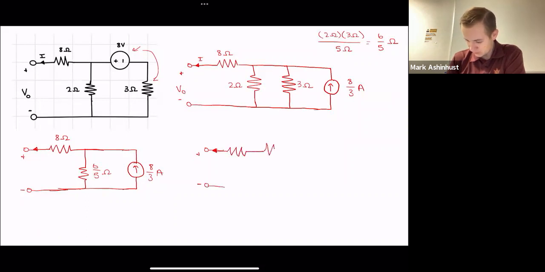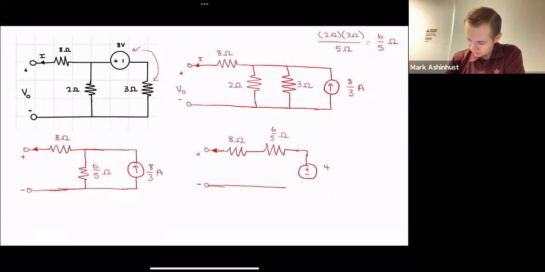I'm going to put the resistor on the top. You could put it on the bottom, as long as it's in series. And the voltage here is going to be 6/5 times 8/3. So we're getting some weird numbers, and I am keeping them in fractions, but you could do decimals just as long as they're equivalent.